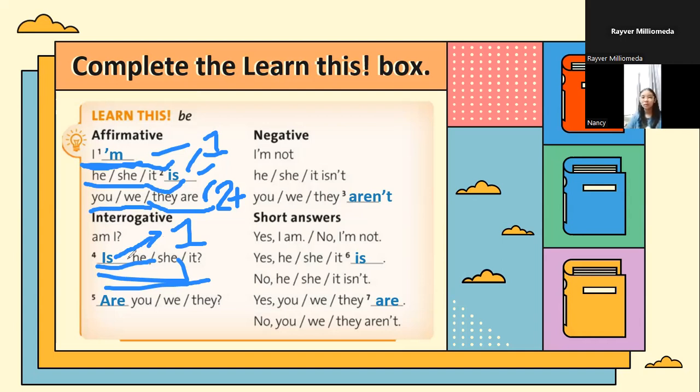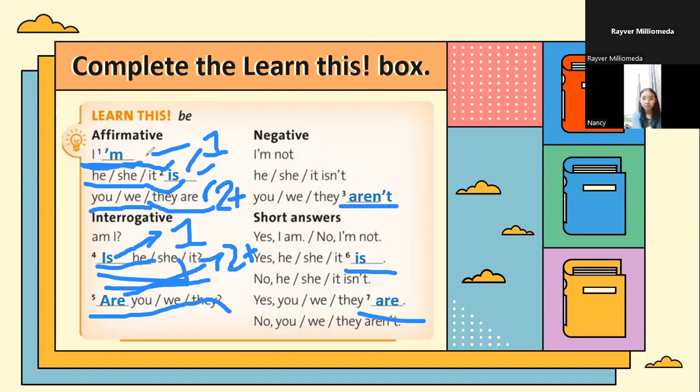Is he from Vietnam? Is it free? Like that. So it is talking about one. Now this one, are you, are we, are they? So it is more than 2 people. And in negative, I'm not. He, she, it isn't. You, we, they aren't. So is, are.